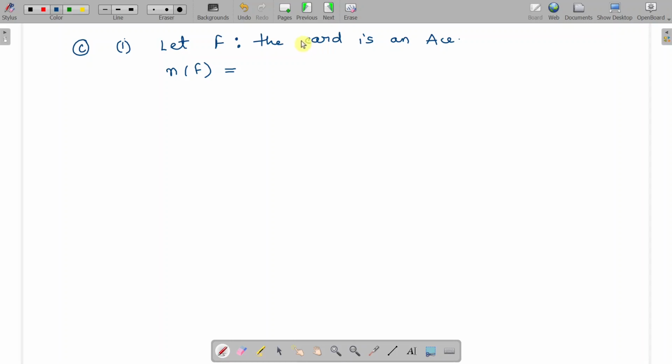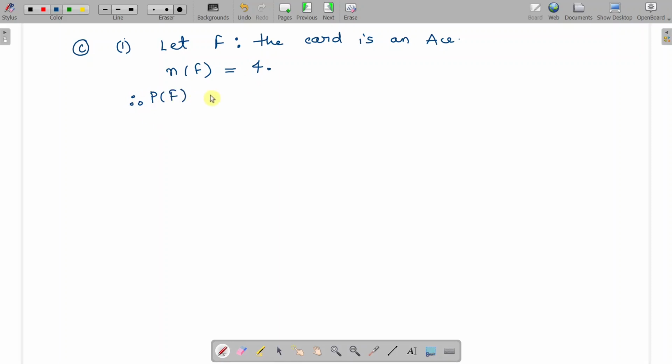So either you can get the diamond ace, then the heart ace, then you can get the flower ace or the spade ace, right? That means 4 will be there. So the probability of F, right?